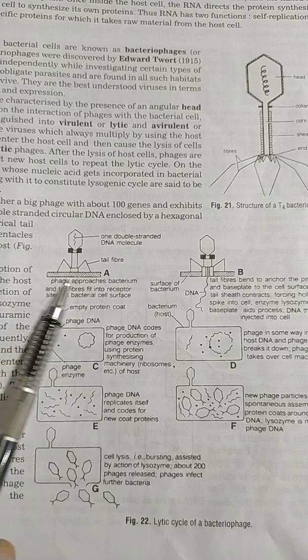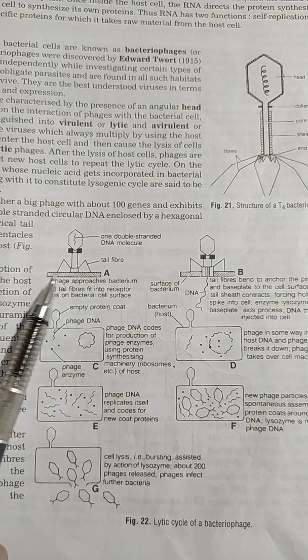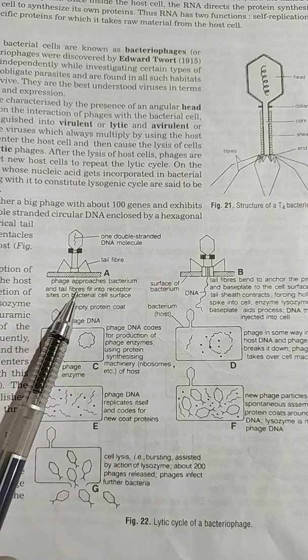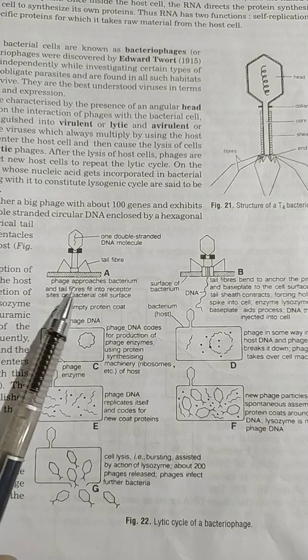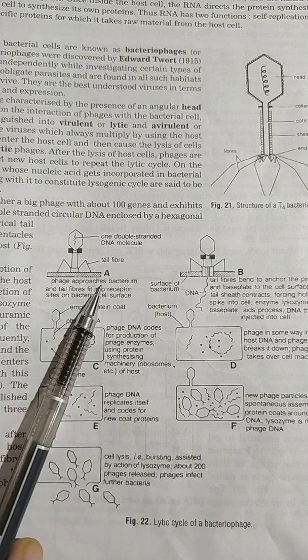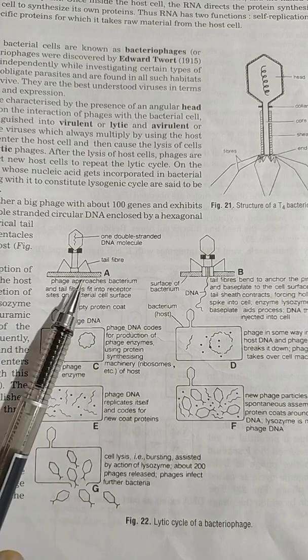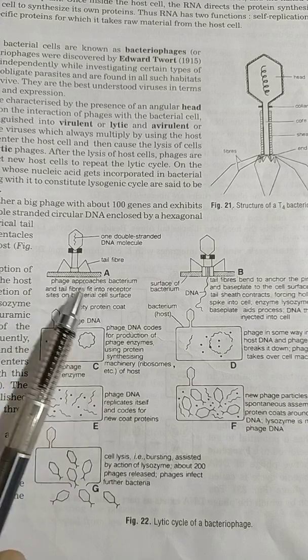This is the host, this is the bacterial cell wall, and this is the host inside. When they enter the host cell, they cause lysis of cells, called the virulent or the lytic phase.